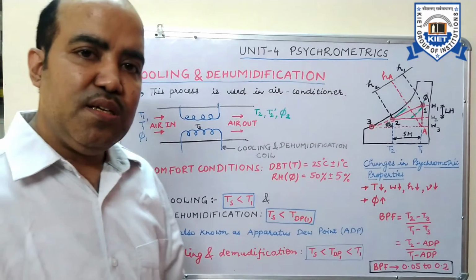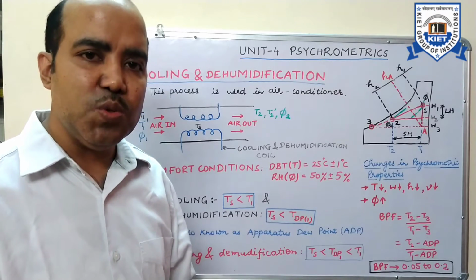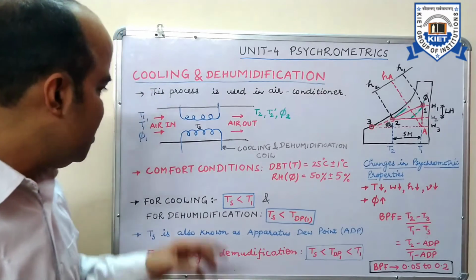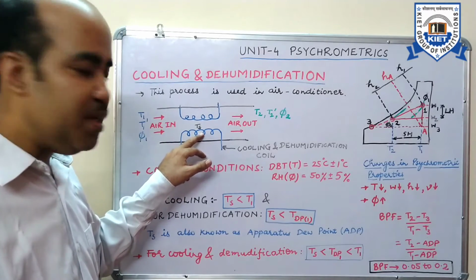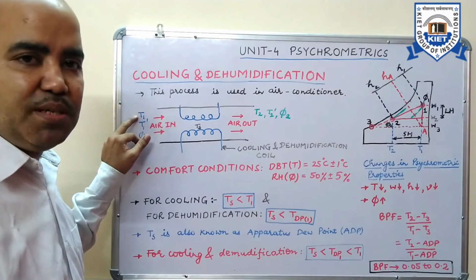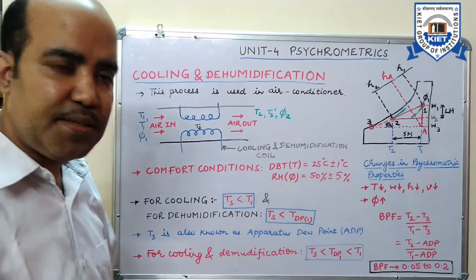Now for the cooling process to take place using a cooling coil, the temperature of the cooling coil, that is Ts, should be less than the dry bulb temperature of the air that is entering into the duct.